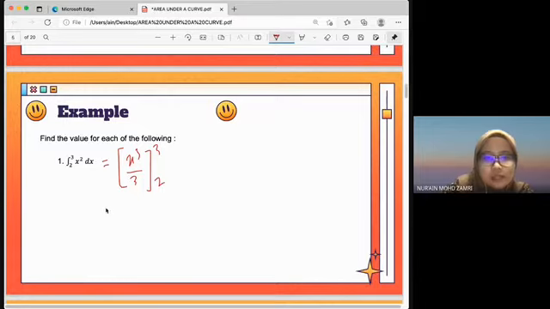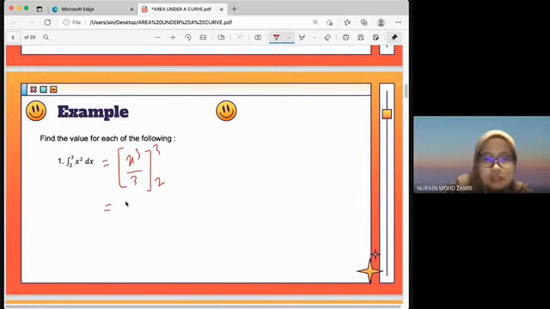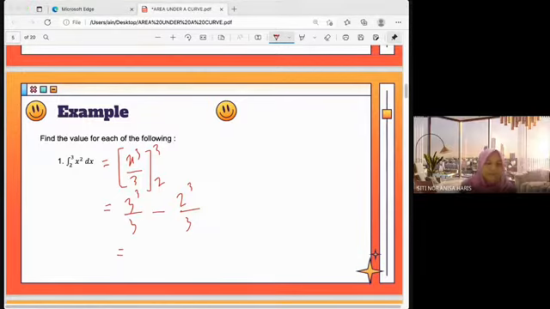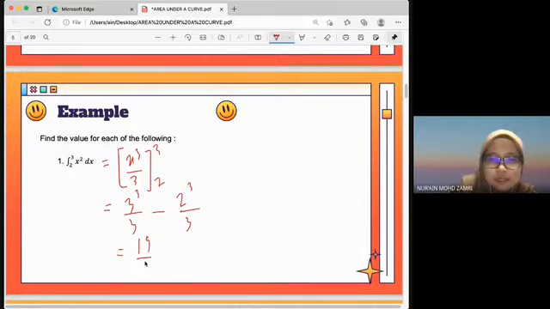Yes. Then you can just substitute the limits into x: 3 cubed over 3 minus 2 cubed over 3. What do you get? What is the answer? 6.33, teacher. Is it correct? Yes, 19 over 3 or 6.33.